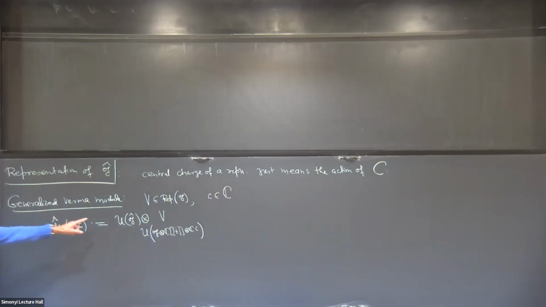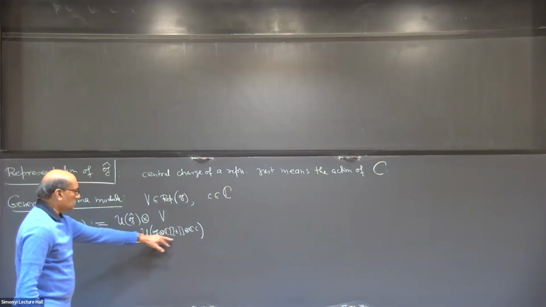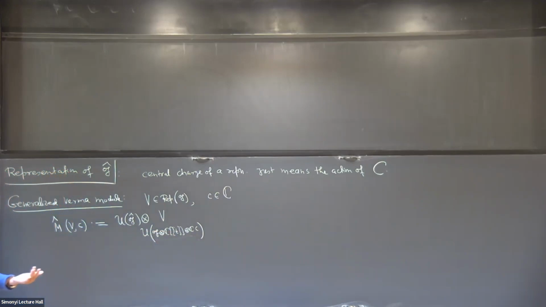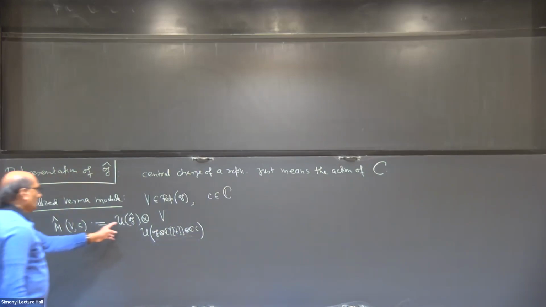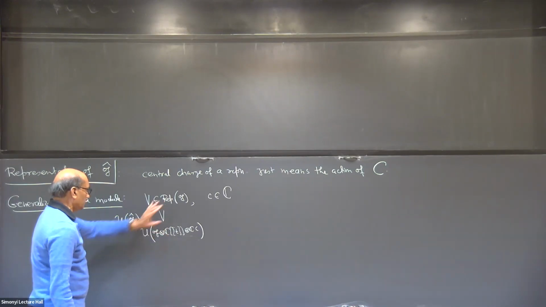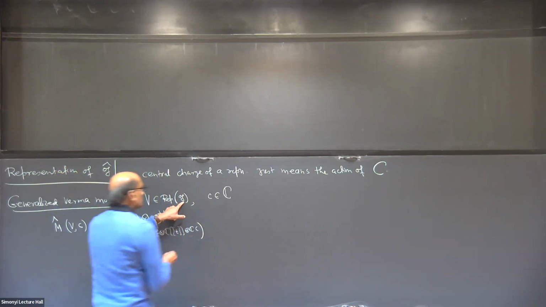So this is G hat, and this is the subalgebra, the standard maximal parahoric subalgebra. The only thing I need to tell you is how this acts on V. V is a G module.